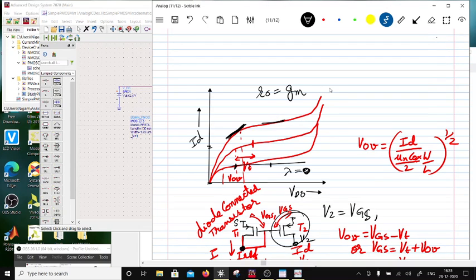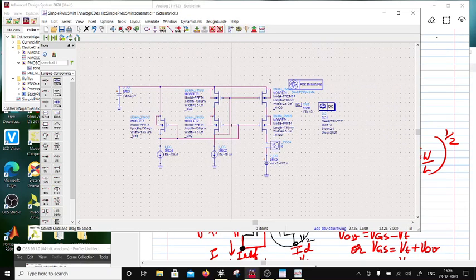Okay, so Gm RDS1 times RDS. So now in this case RDS is going to be almost half of RDS1, so RDS1 by 2. So the net resistance at the output is Gm RDS1 square by 2, while in the other case it was Gm RDS1 square. Okay, so that's the price you have paid by forcing V overdrive across here.